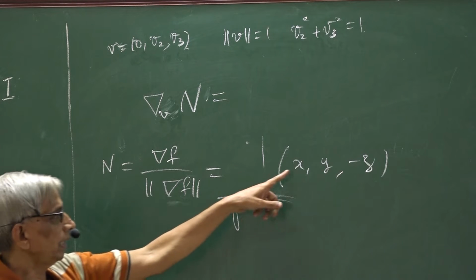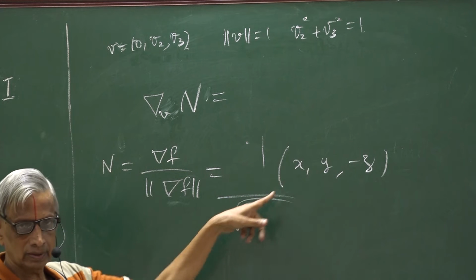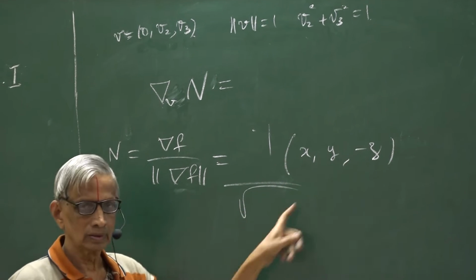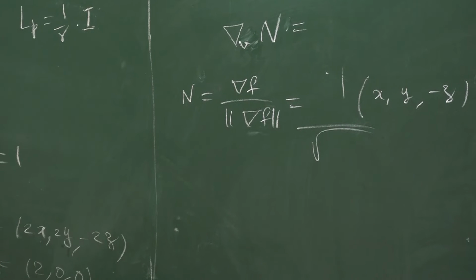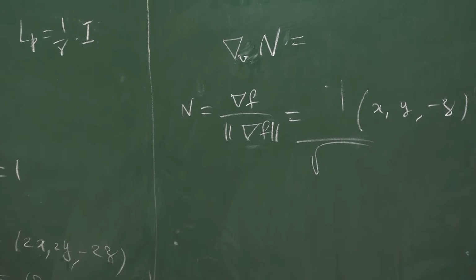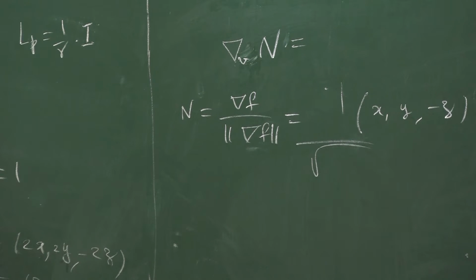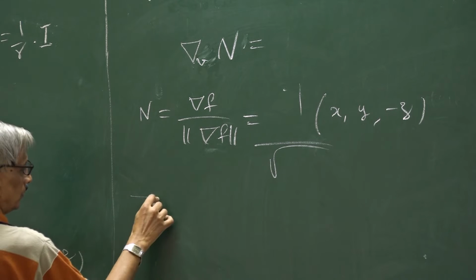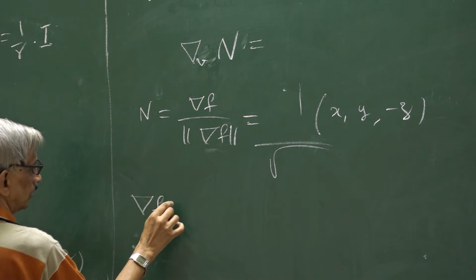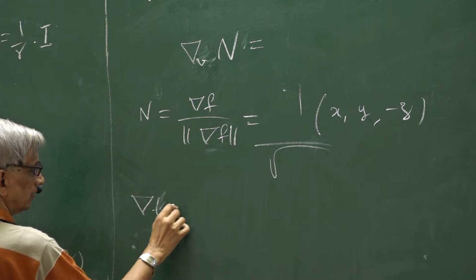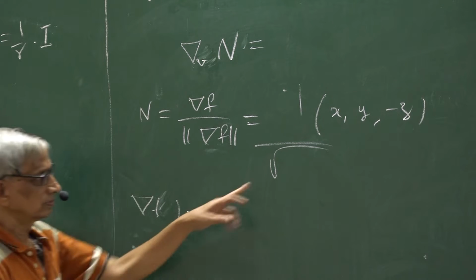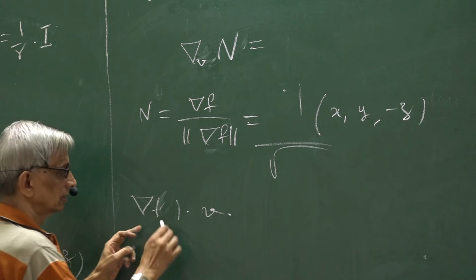So n1 is going to be x divided by this. And then what you want is, you are going to have del of whatever you have, dot v, right? n1 here.